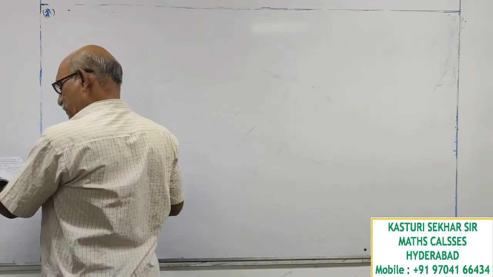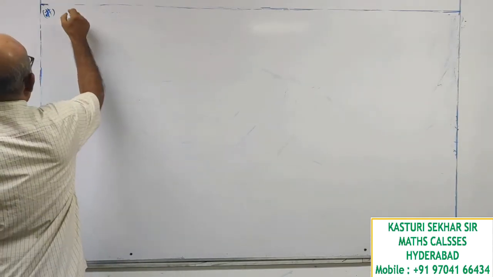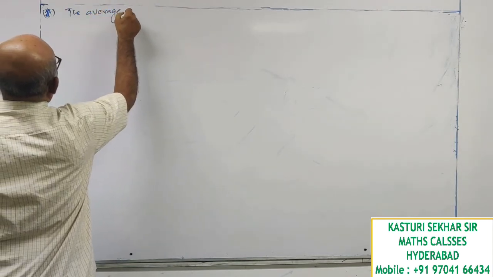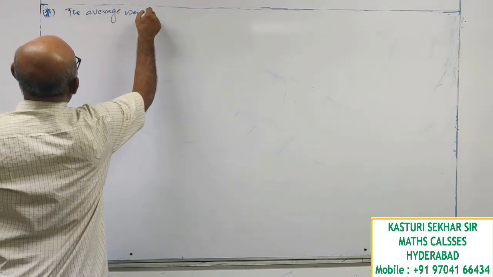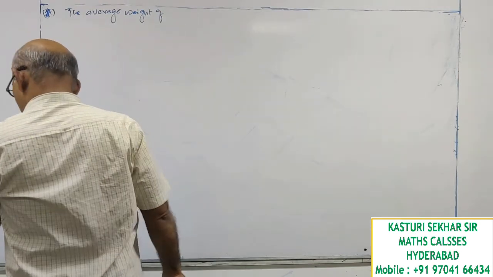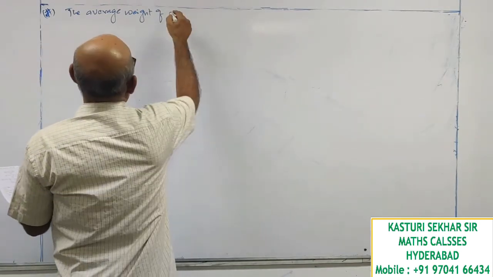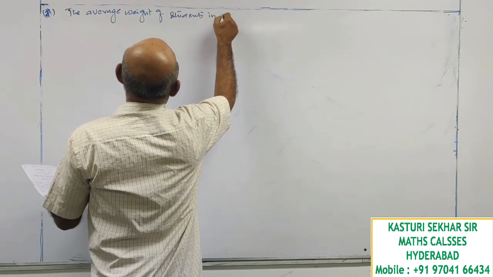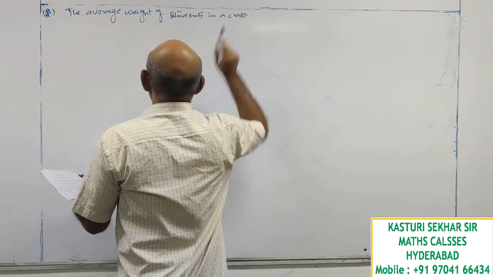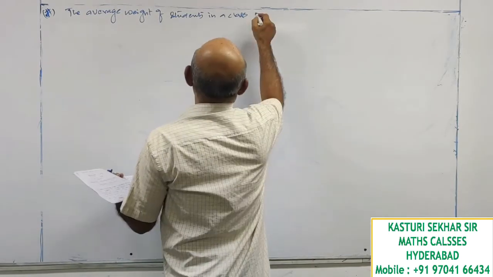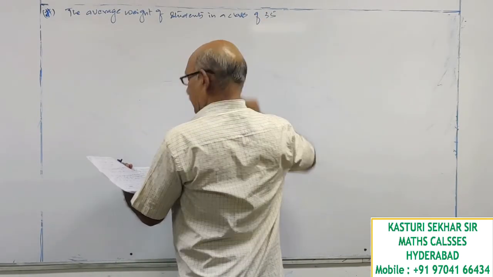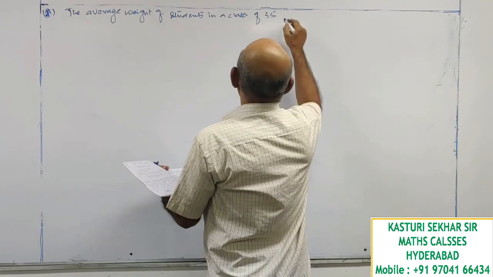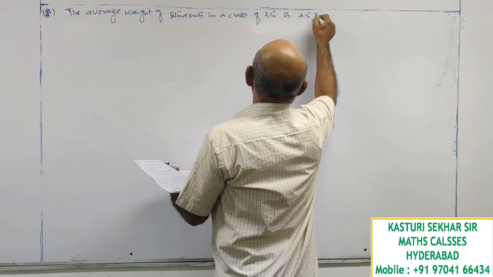Next question, sir. The average weight of students in a class of 35 is 45 kilograms.